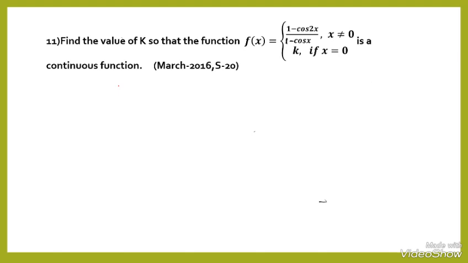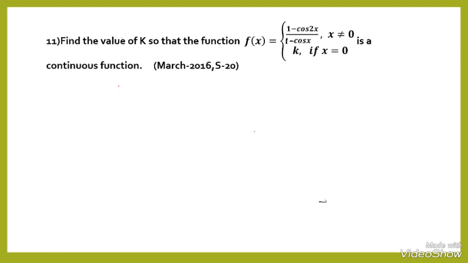What are the cos 2x formulas? Cos 2x can be written as cos square x minus sine square x. Again, it can be written as 2 cos square x minus 1. Again, 1 minus 2 sine square x.